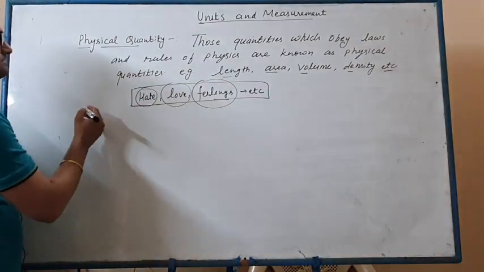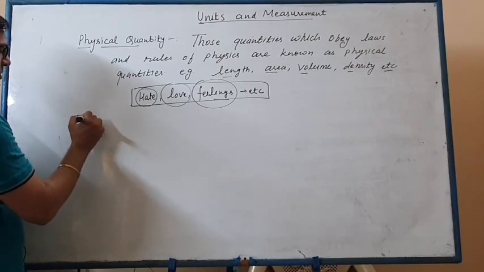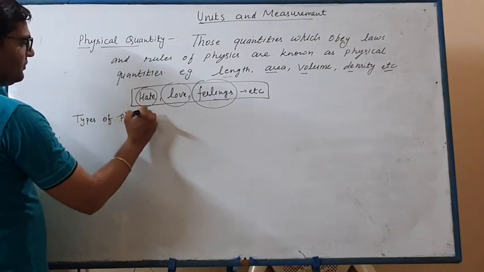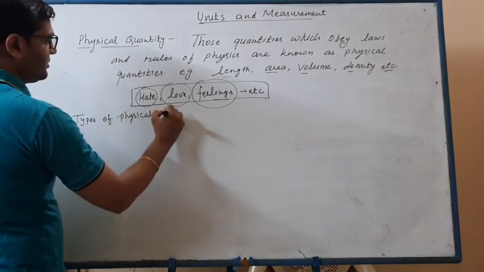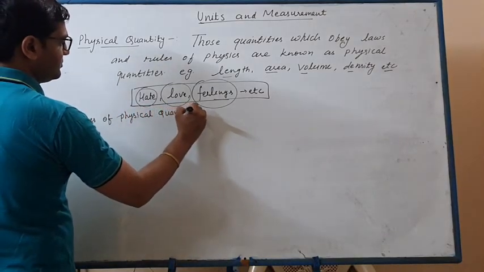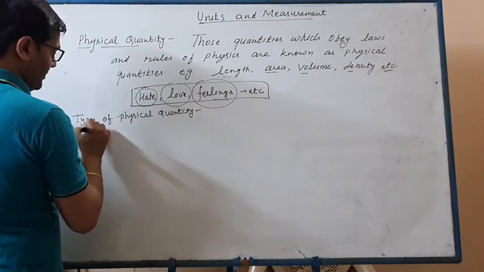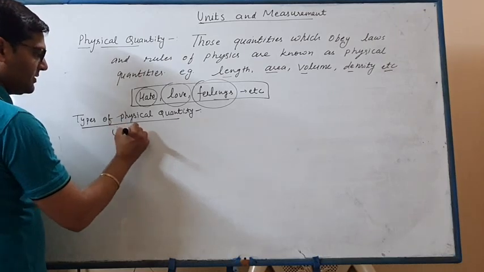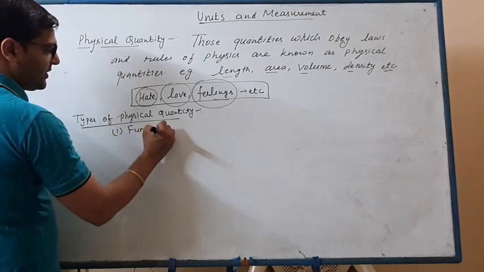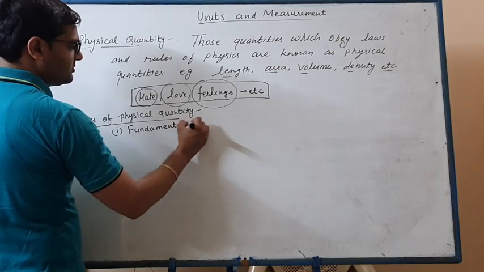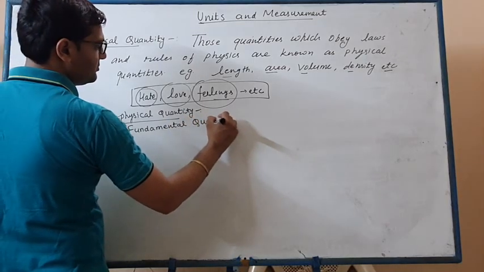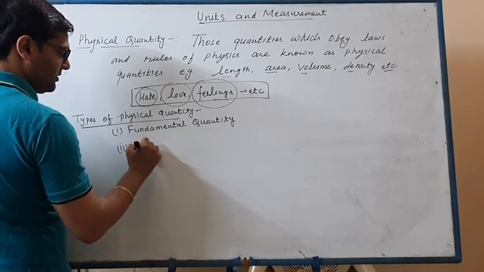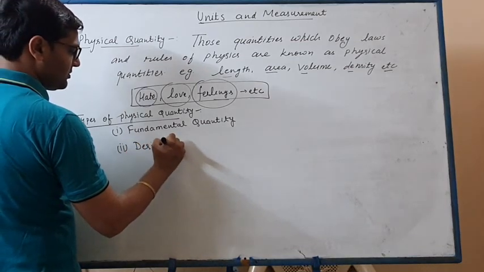Next we have types of physical quantity. We have two types of physical quantity. One is fundamental quantity, second is derived quantity.